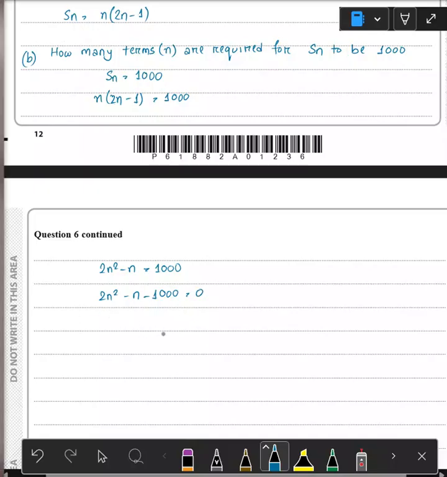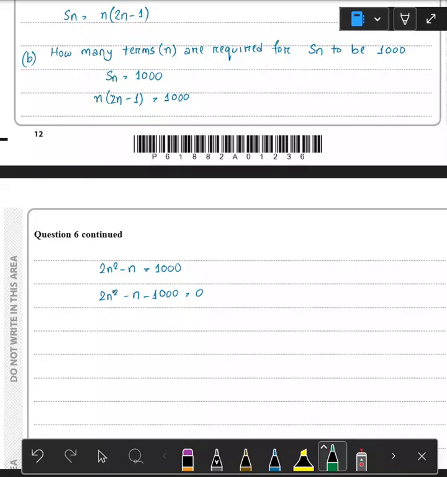Now if you look at this, this is in the form of ax square plus bx plus c is equal to 0, where a is equal to 2, b is equal to negative 1, c is equal to negative 1000, and here we are substituting x with n.